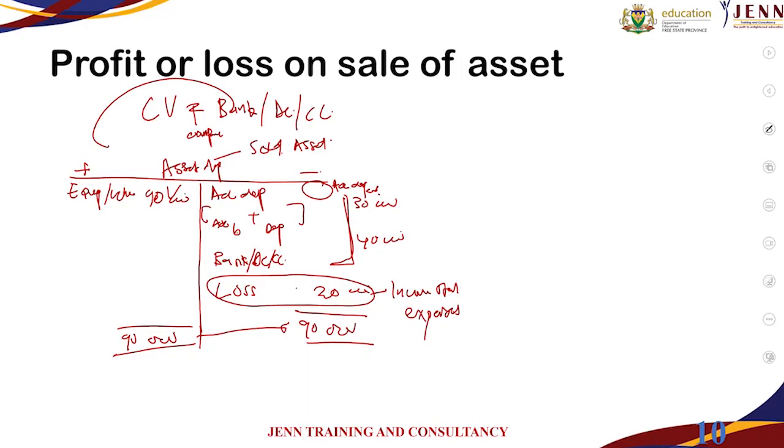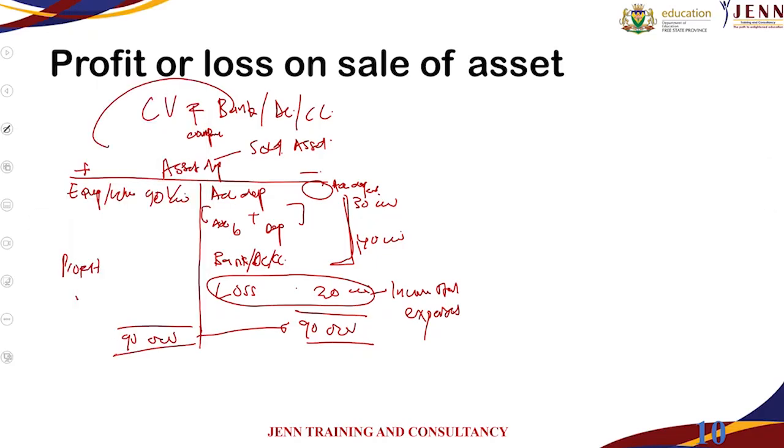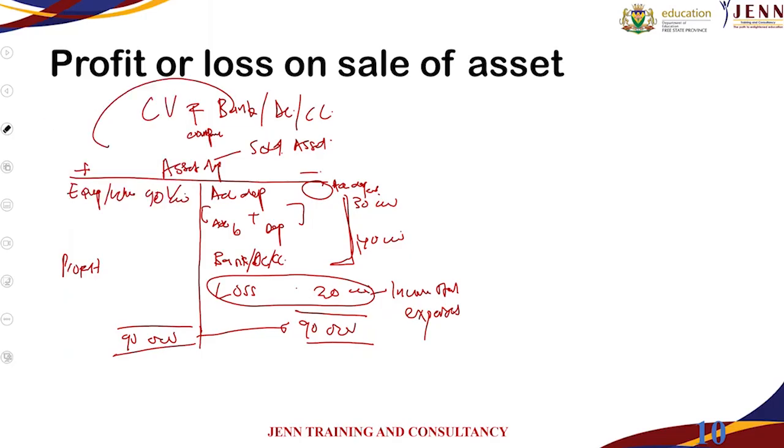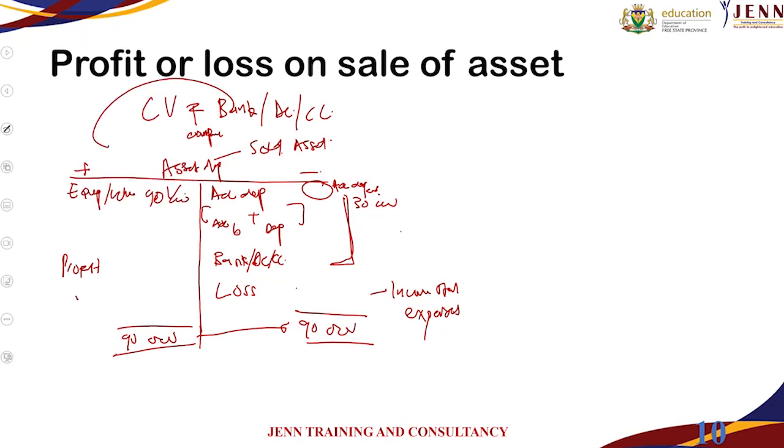And then now if we sold at a profit, that means this side will be bigger than this other side, right? In this case, let us assume that now we don't have 40 here. Let us assume we sold that asset for 80,000.